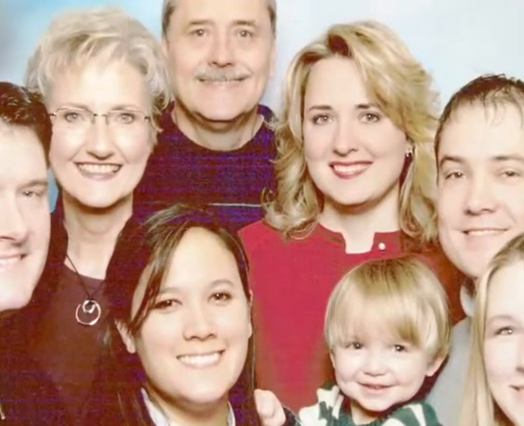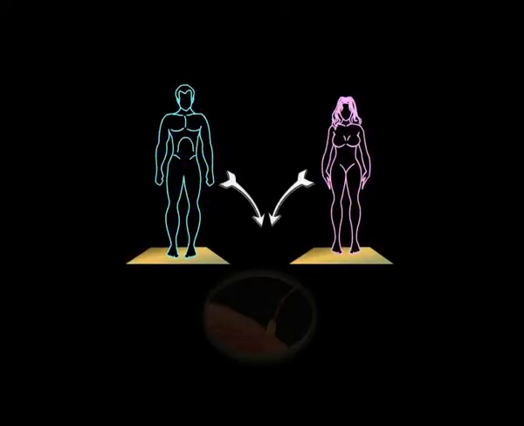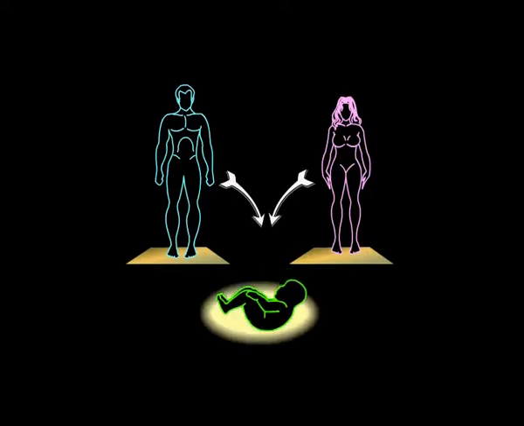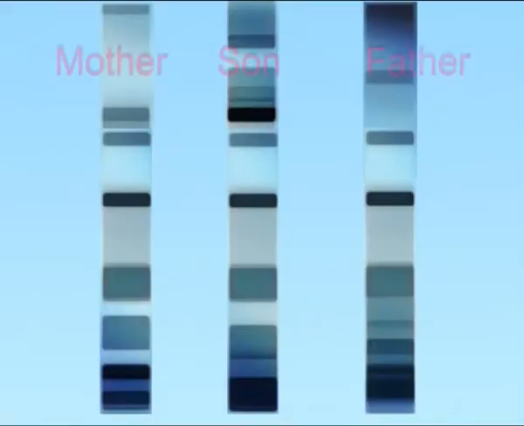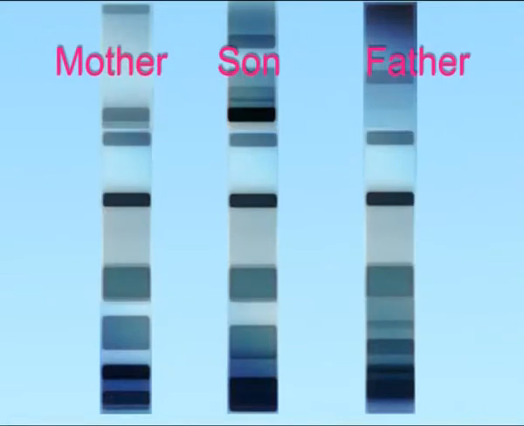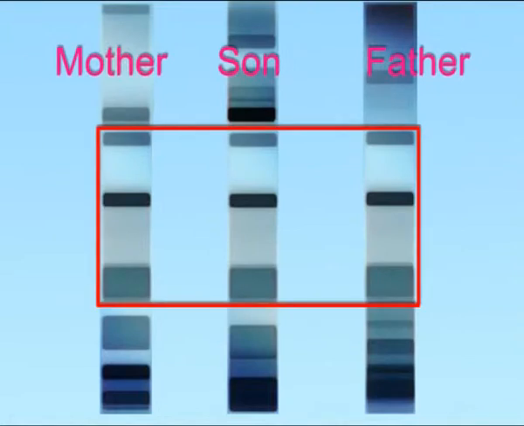This is a benefit because a child's genetic fingerprint is made up of half the father's genetic information and half of the mother's genetic information. This means that the bands of a child's genetic fingerprint will match the bands on both of their parents, making it possible to establish paternity and maternity tests.